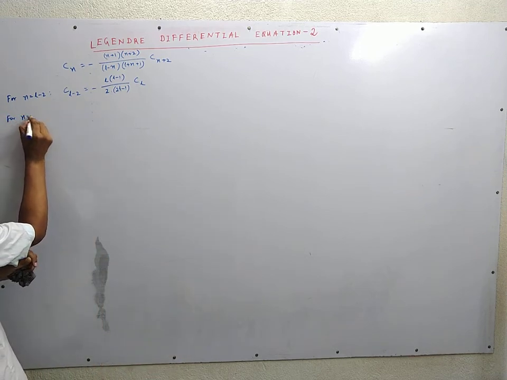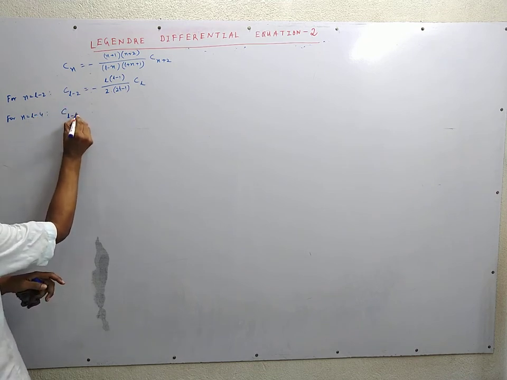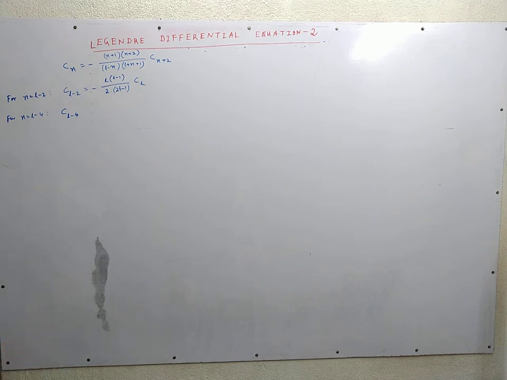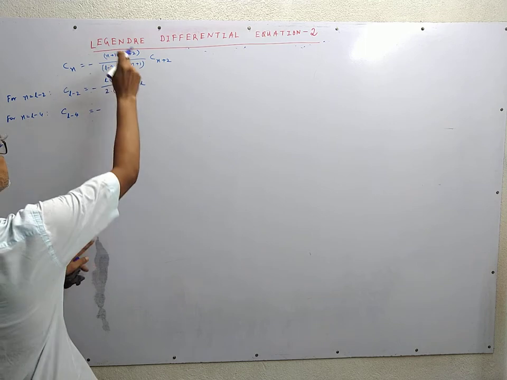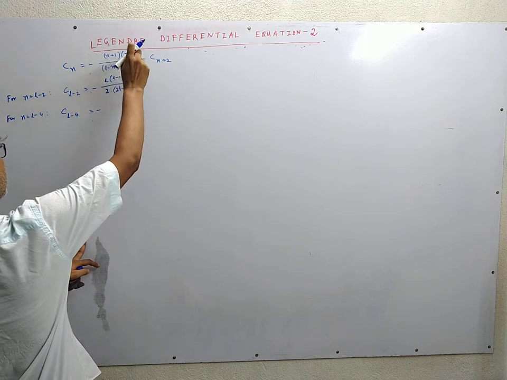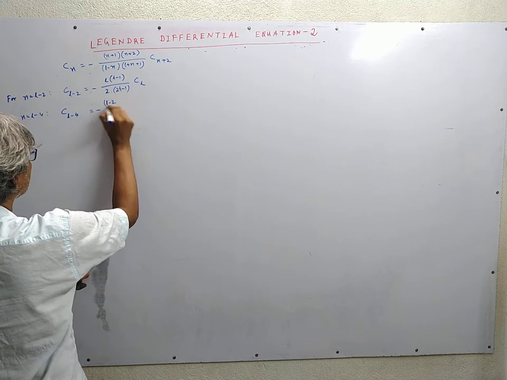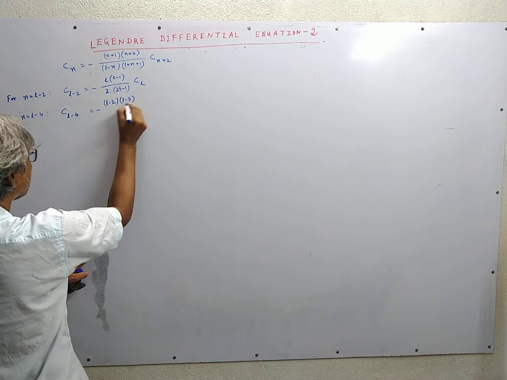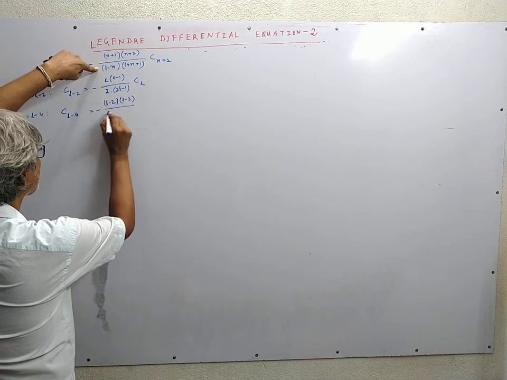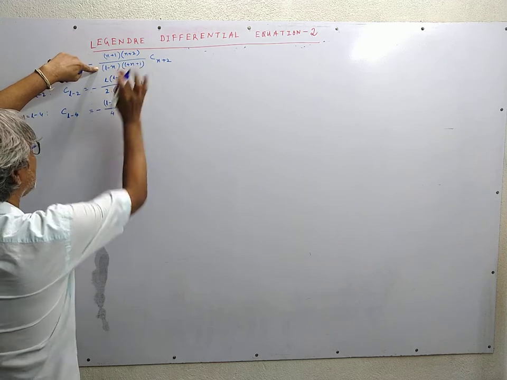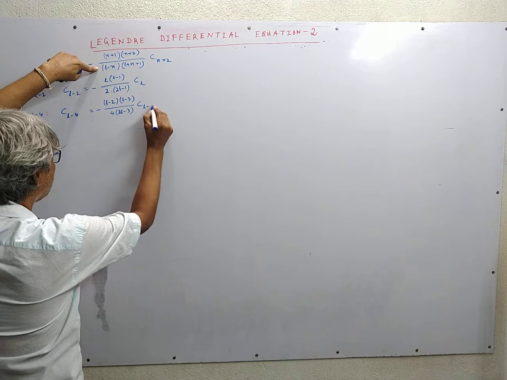For n is equal to L minus 4, we have C of L minus 4 is equal to minus, this term will be L minus 2, this is L minus 3. This term will be 4 and this term will be 2L minus 3 C of L minus 2.